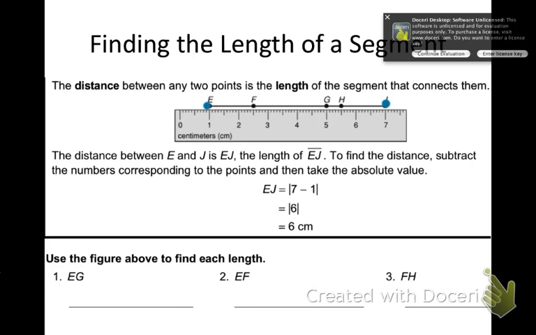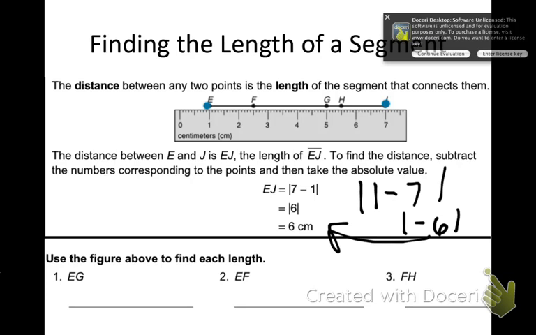So you take 7 minus 1, you get 6. Absolute value of 6 is 6. If you go the other way even, let's say you want to go 1 minus 7. Well, I still have my absolute value bars there. Absolute value of negative 6 is still 6 as an answer. So either way you look at it, distance, because the absolute value bar will get us a positive direction.